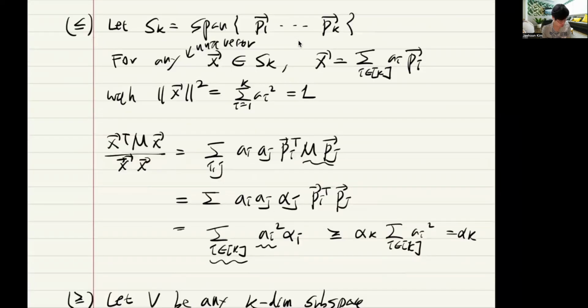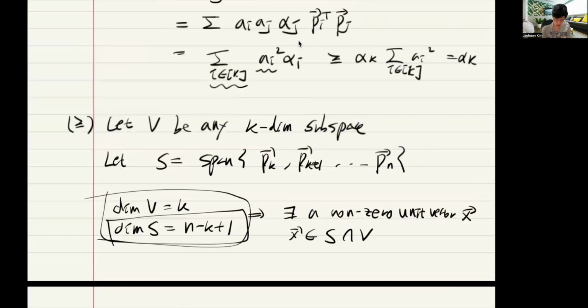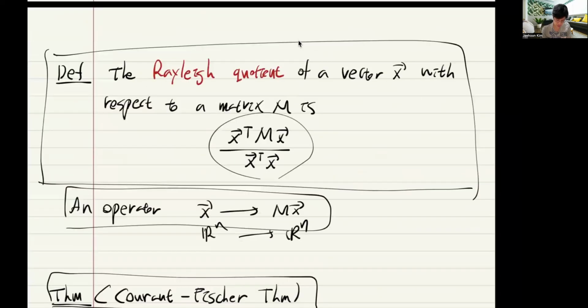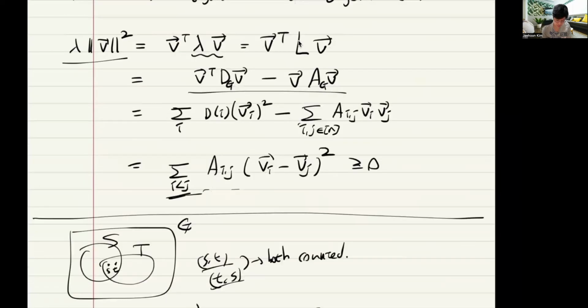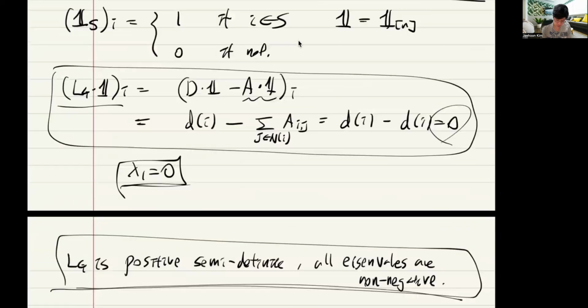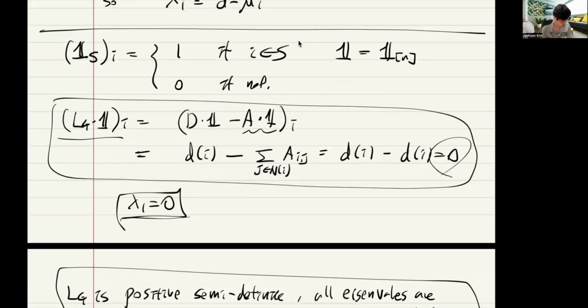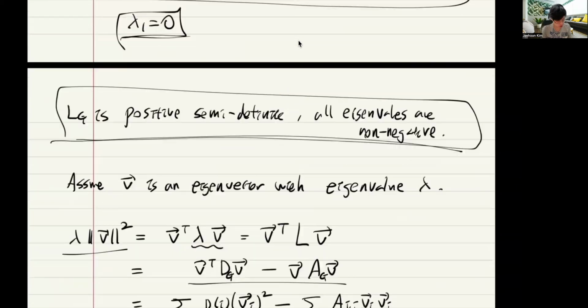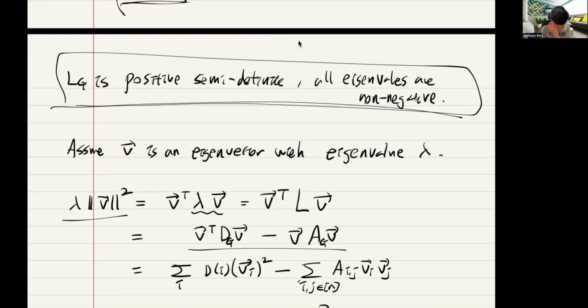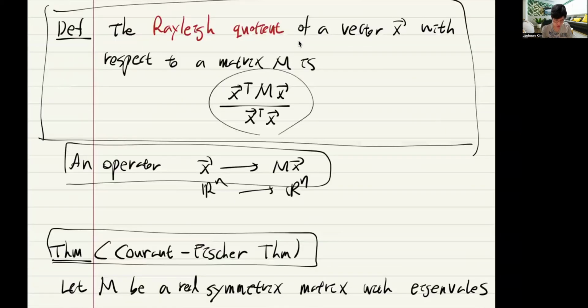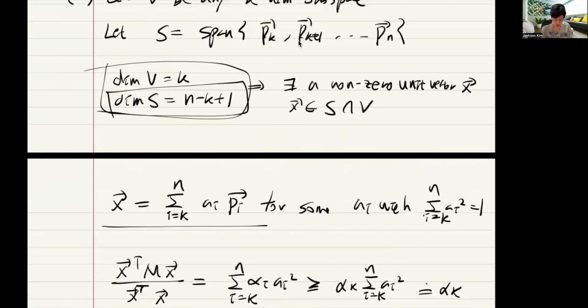Okay, so now we have defined the important notation and these eigenvalues. Now we want to explore the connection between them and some graph properties.